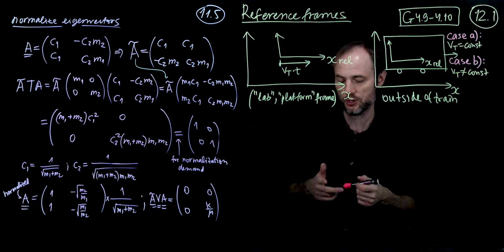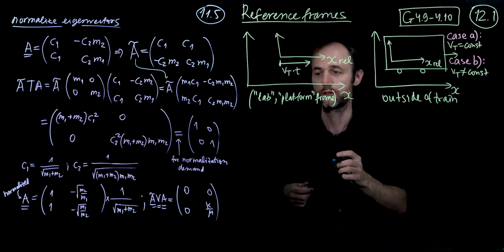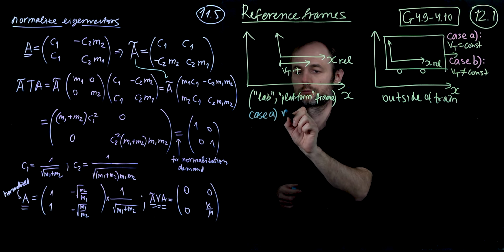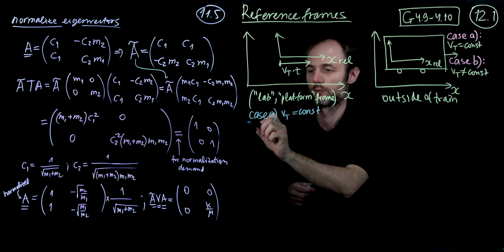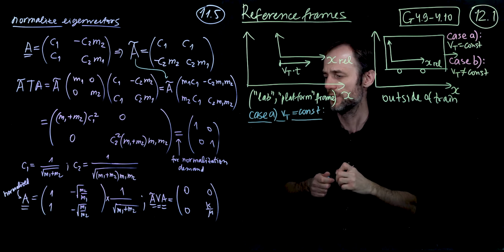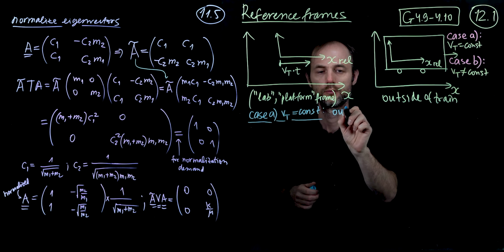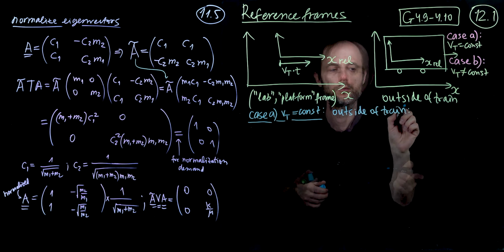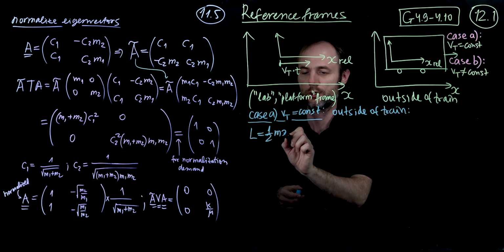So let's try and consider case A, for when the velocity of the train is a constant. In this case, when we write equations outside of the train, our Lagrangian looks like a regular one for a point mass particle.